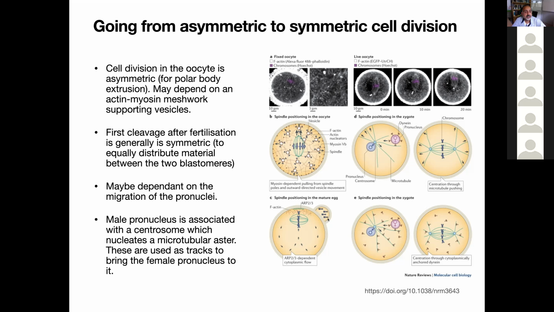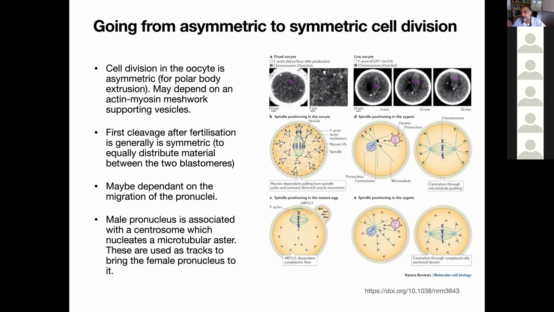Soon after this happens, we go back to normal business, where now the migration of the chromatids happens because of microtubules. The male pronucleus is associated with a centrosome, and the centrosome nucleates a microtubular aster.